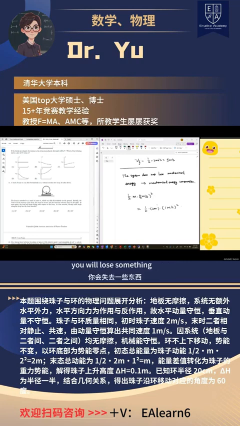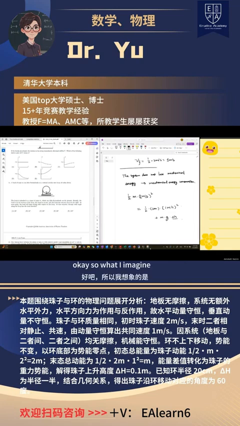You will lose something, and that missing energy has to be compensated by the gain of potential energy of the bead, because only the bead can gain potential energy. So it must equal the bead's mass, times the gravitational acceleration, times some height change, the change from the initial point.